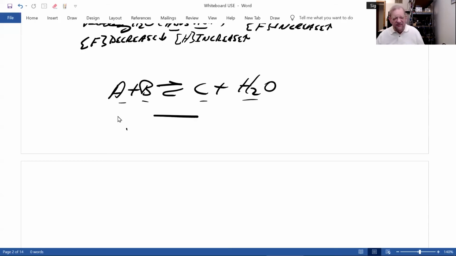And to drive the equilibrium this direction, you remove water. And there's a way of doing that in a chemical plant or in a laboratory. It's called vacuum distillation. And by removing water, you make the reaction shift to C and keep on making more C. And it works quite well.